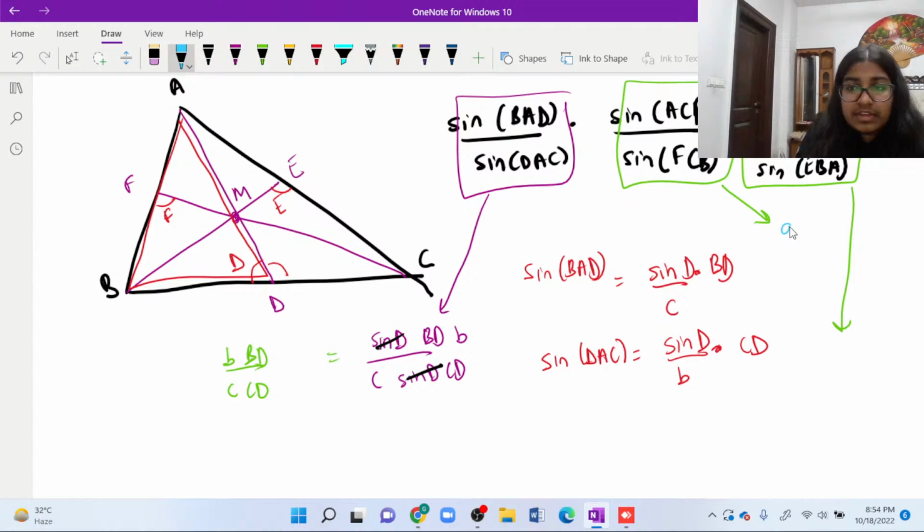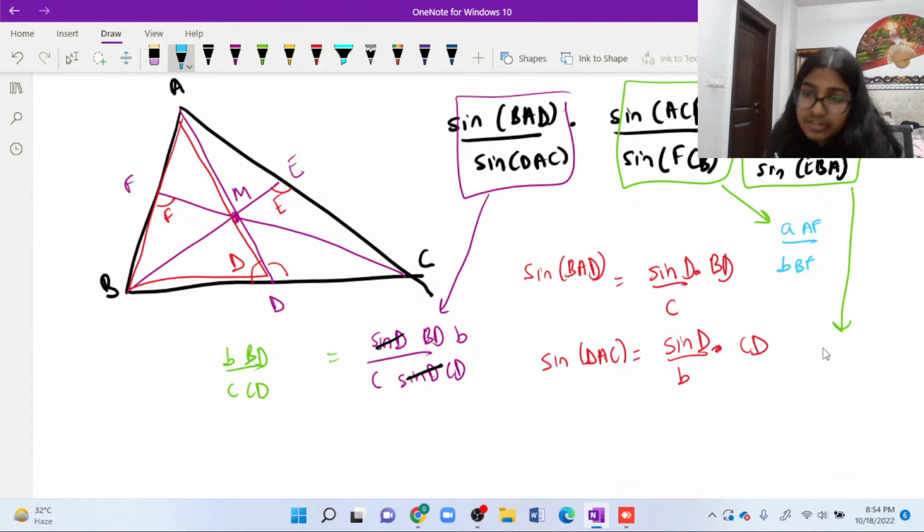Second is A AF upon B BF. Third is equal to C CE by A AE.